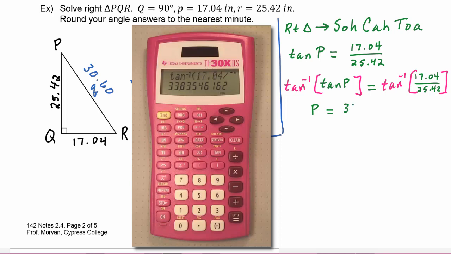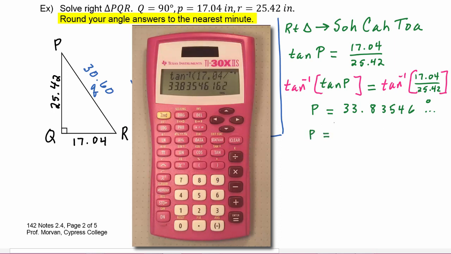We get 33.83546, etc. Now, this is going to be in degrees, but if we look in the problem, we're asked to round our angle answers to the nearest minute. So we're going to have to convert angle P into degrees and minutes.